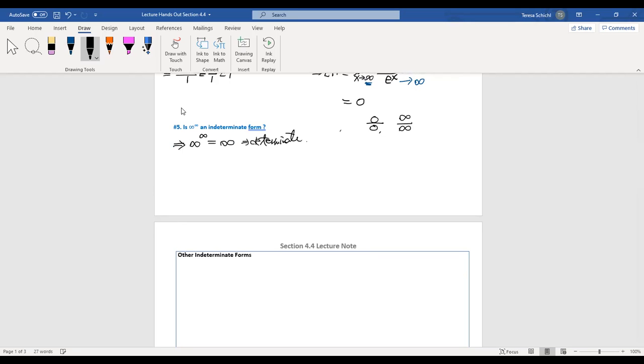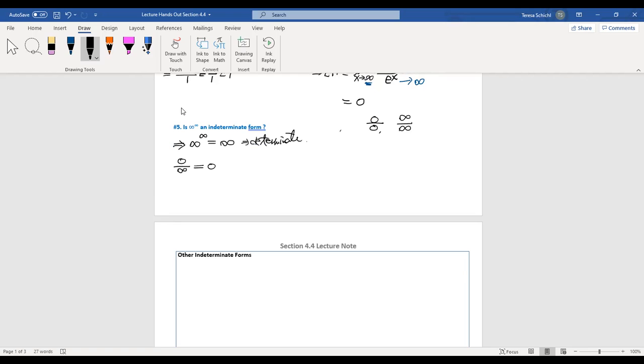Okay, so we also have several other determinate ones. First, we know 0 over infinity: because the denominator approaches infinity, the whole fraction approaches 0.